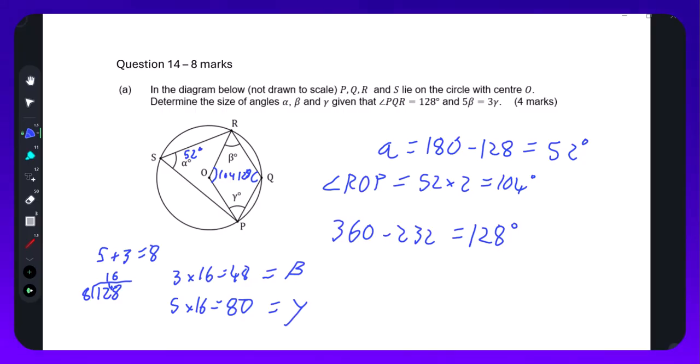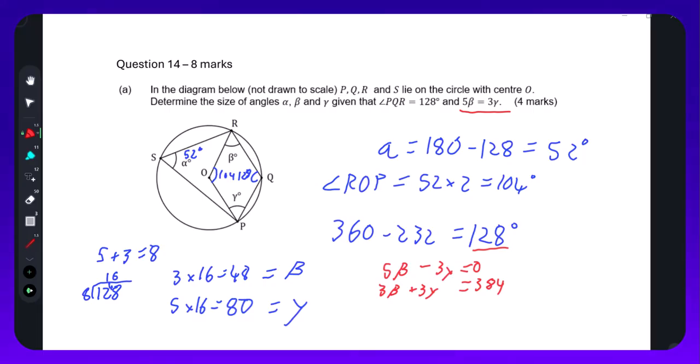You could also have used simultaneous equations, which I'll do in red. So you change this to make it equal 0 for your first line. Obviously 3 of these plus 3 of those will end up getting 3 times your normal angles. So 128 times 3, 384.